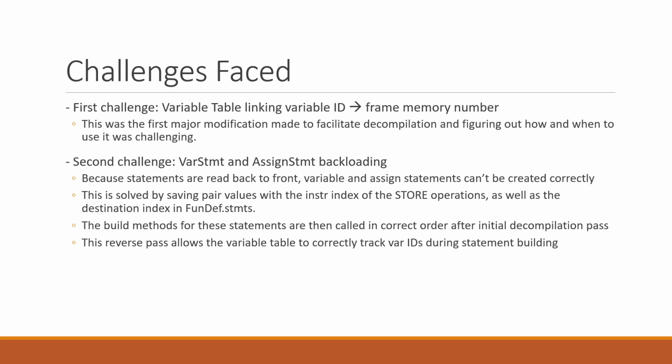My first challenge was just linking the actual variable ID to a number for the frame memory. This was the first major modification I made to facilitate the decompilation, and I actually ended up using a comment as metadata passed through from the code generation step to preserve the original variable ID.